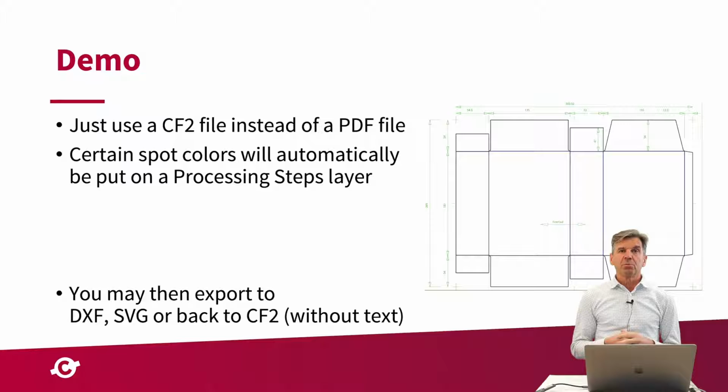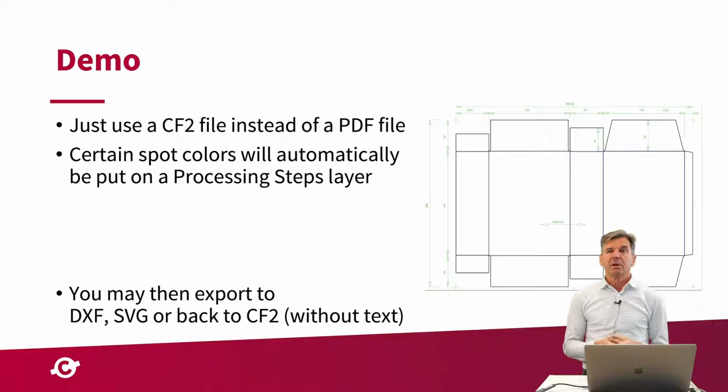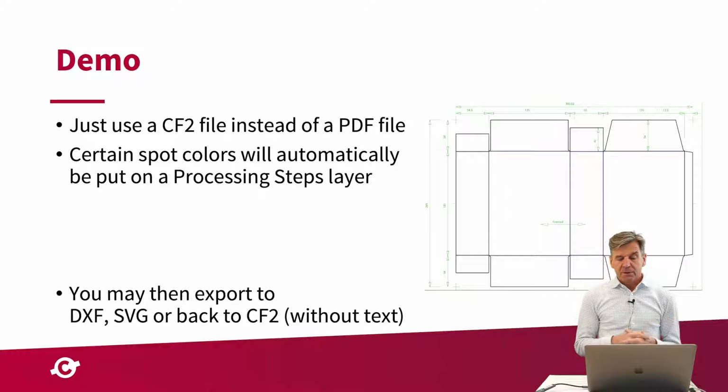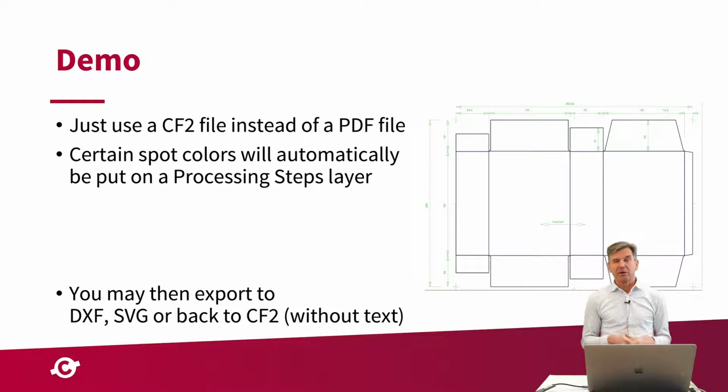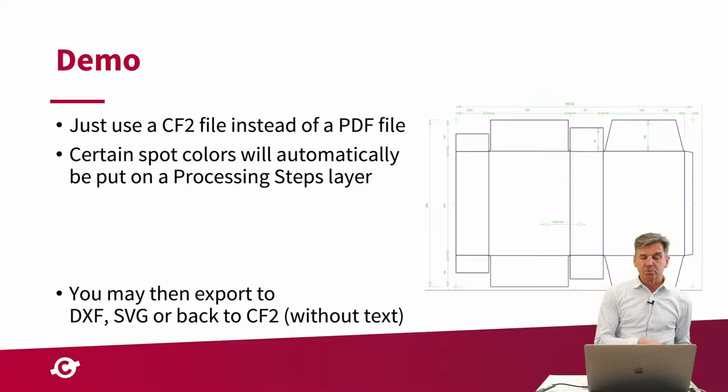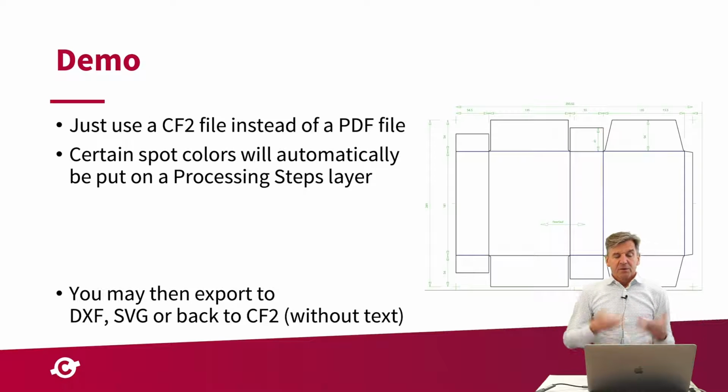And then pdfToolbox also has some intelligence to recognize certain line types in CF2 formats and will then put them on processing steps layers accordingly. So for die lines, you would in CF2 use a certain line type, and then pdfToolbox will recognize it and uses some logic to then put them straight onto a processing steps layer.